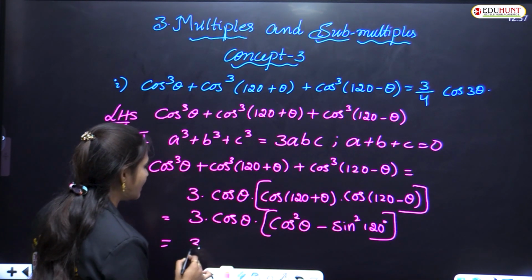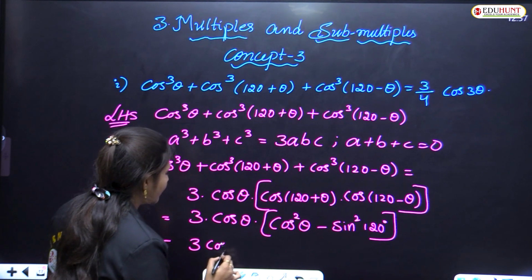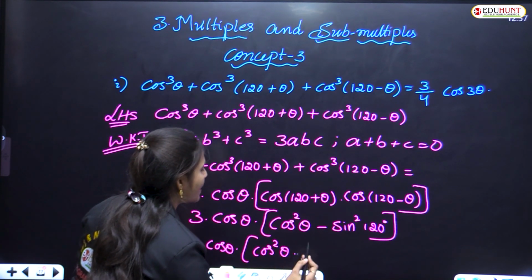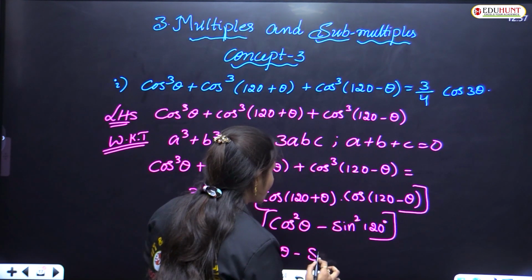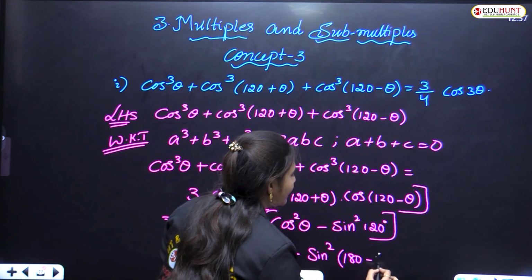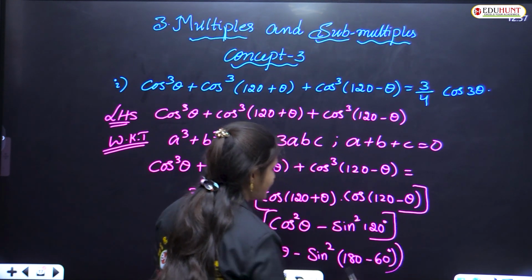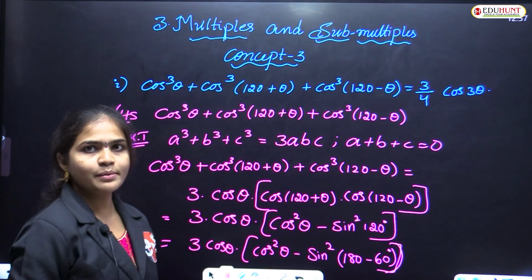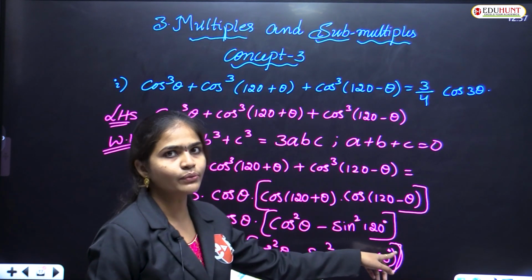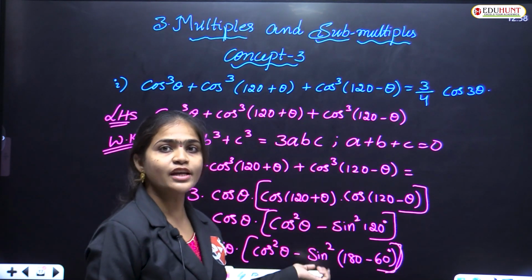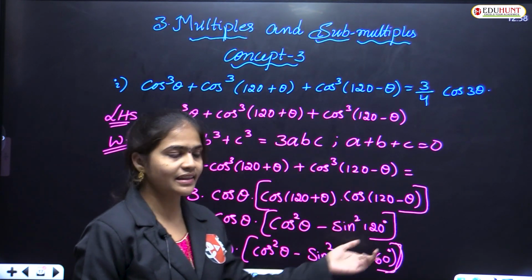So from this, 3 cos theta into cos square theta minus, here sin square 120 degrees we can write as sin of 180 degrees minus 60 degrees. 180 minus 60 is again 120. So this is in the form of sin of 180 minus theta, and sin of 180 minus theta means sin theta.